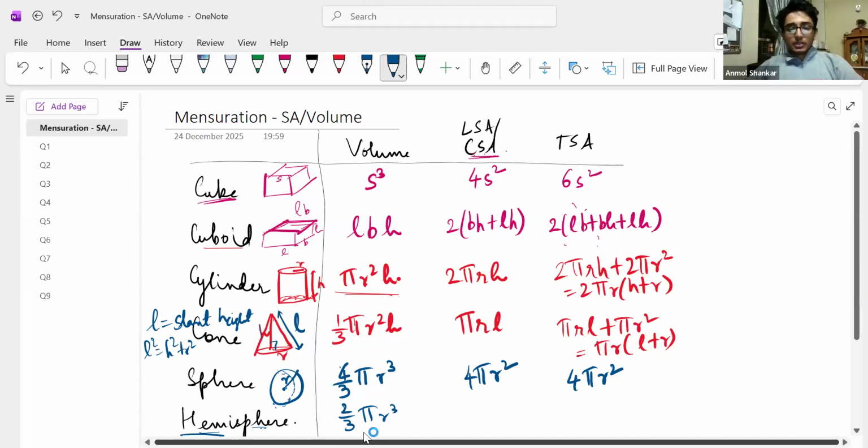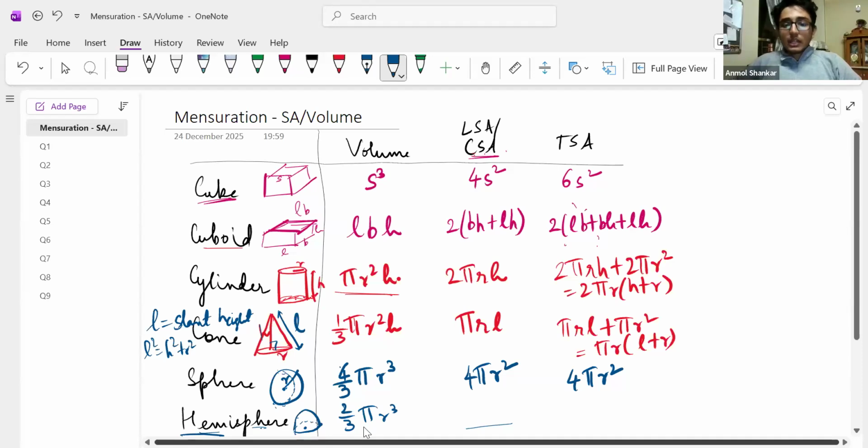For a hemisphere there will be a difference. So for a hemisphere, first, what is the curved surface area? The hemisphere model will look like this. If we add this base to the curved surface area, we will get the total.